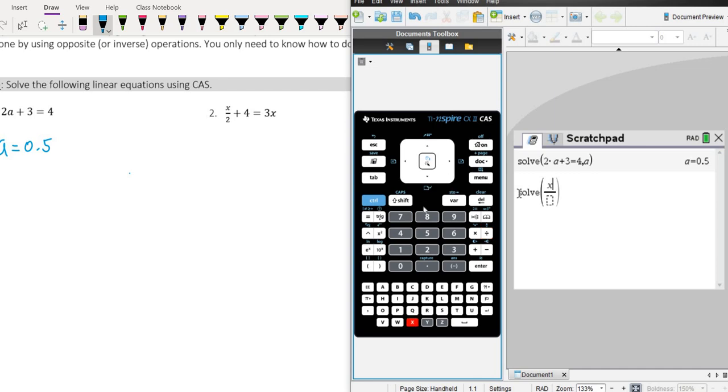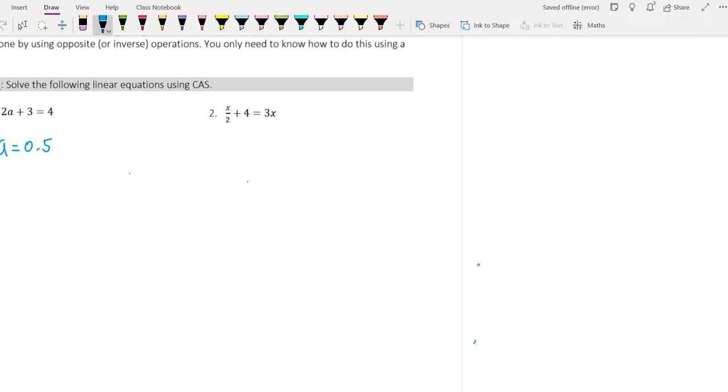And you just go x on top, on the bottom you have the 2, and on the side you plus 4 equals 3x, and follow it up by putting a comma and what you're solving for. In this case it's x, and it does it for you in one step. So x equals 1.6.